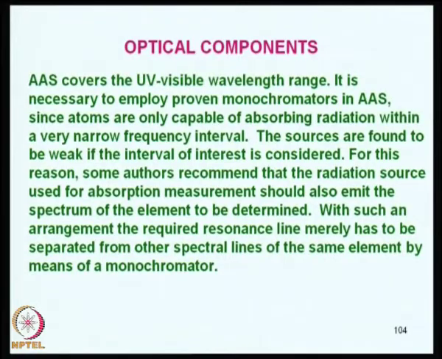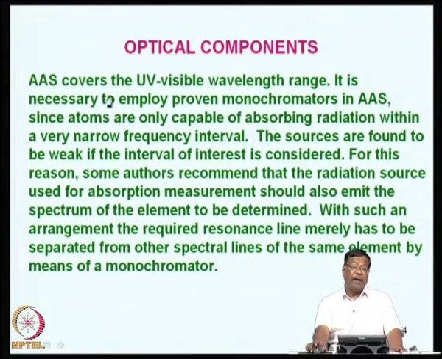Now, let us move on to optical components. The AAS, as we see, should also have some sort of optical components to direct the radiation from the source, to select the source radiation and then to pass through the radiation.